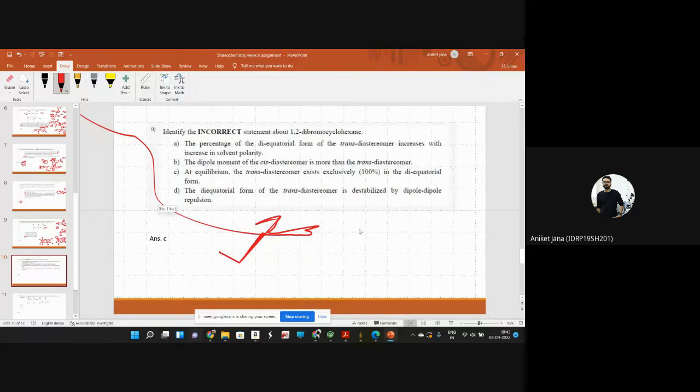So we have to identify the incorrect statement. So it is similar to the one I discussed earlier, the 1,2-cyclohexanediol, right? So in case of the cis isomer, we have one axial and one equatorial form. So like this way, we also have.